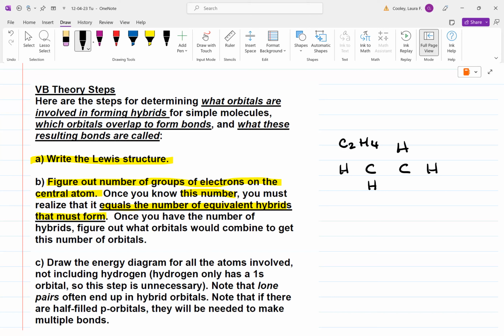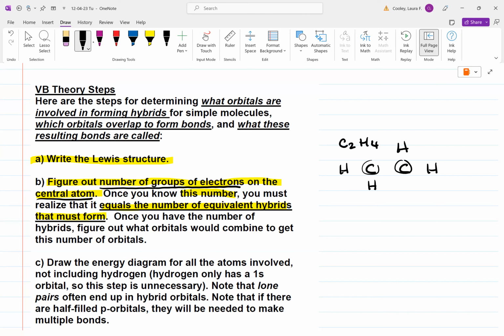So first we have to draw the Lewis structure of that. And then we're going to focus in on each one of the carbons and figure out how many groups of electrons there are on each of those carbons. So we're considering two different central atoms.